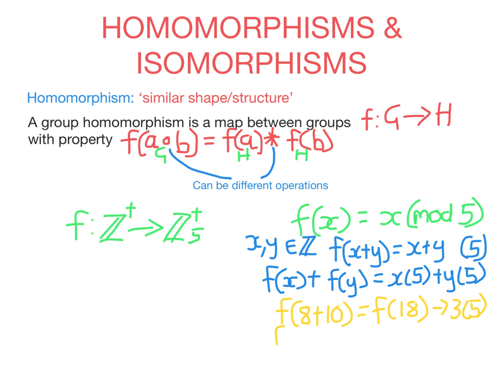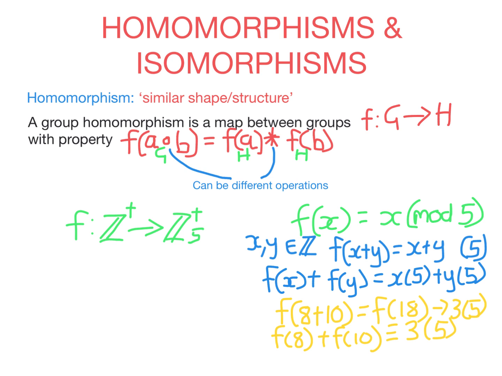But if I map 8 first, then I map 10 and add the two answers, well, 8 is equivalent to 3 mod 5, 10 is equivalent to 0 mod 5, so their sum is equivalent to 3 plus 0, which is 3 mod 5.